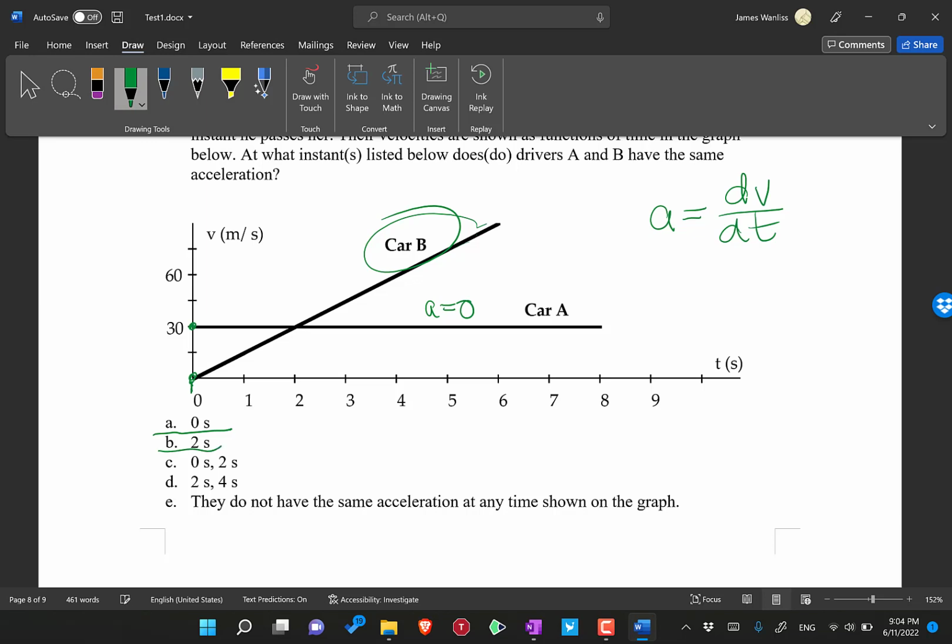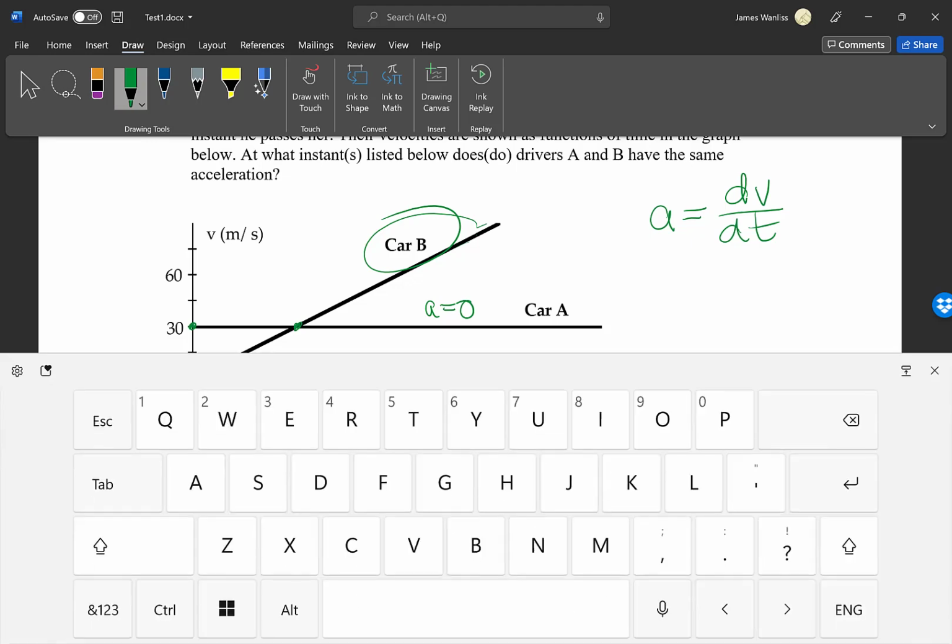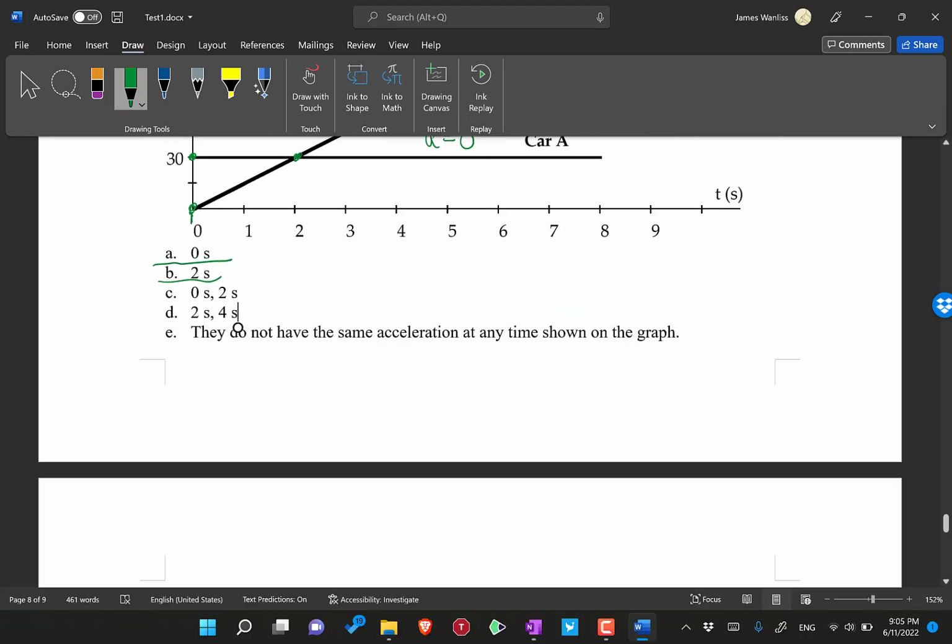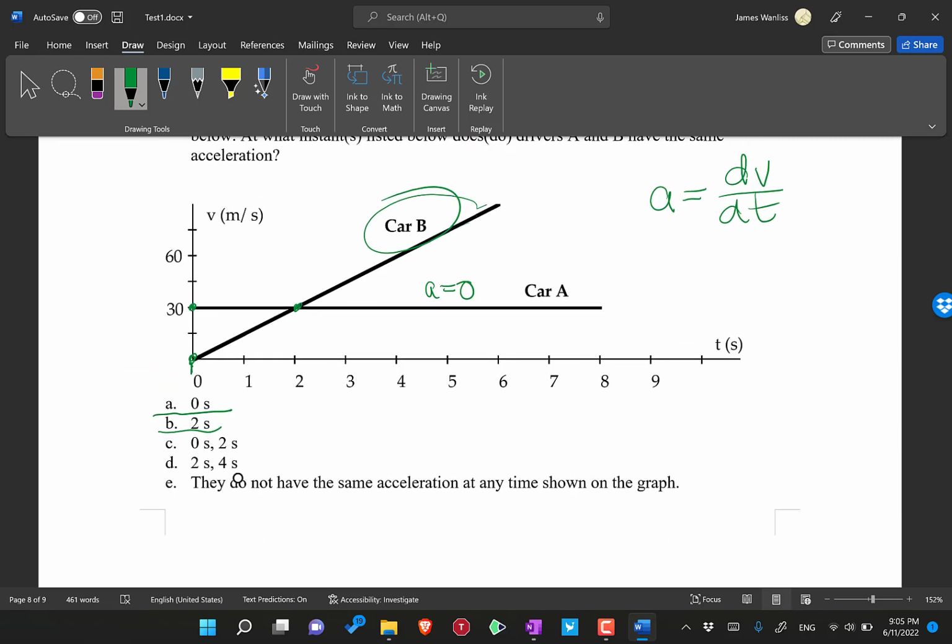At 2 seconds, right over here, they have the same velocity at that point in time. But driver A is still not speeding up. Driver B continues to have a non-zero slope, so they don't have the same acceleration, so it's not there. Of course, not C then.